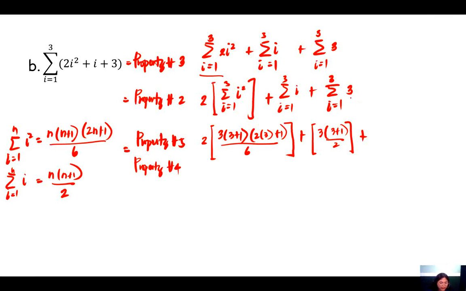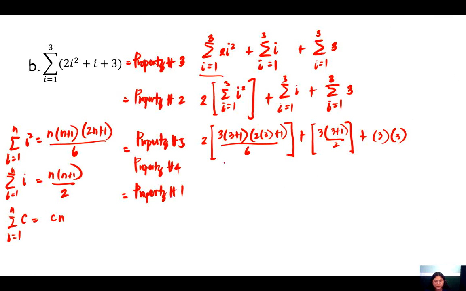What property is that again? Property number 1. Pag constant, sabi dyan, pwede nating i-multiply si constant kay n. Our constant is 3. What is the value of our n? 3 as well. Nagkataon lang, class, na pareha sila na 3. Pero hindi palaging ganyan. Kagaya dun sa letter A natin, magkaiba yung constant at saka yung n. Diyan nagkataon lang na they are the same value.